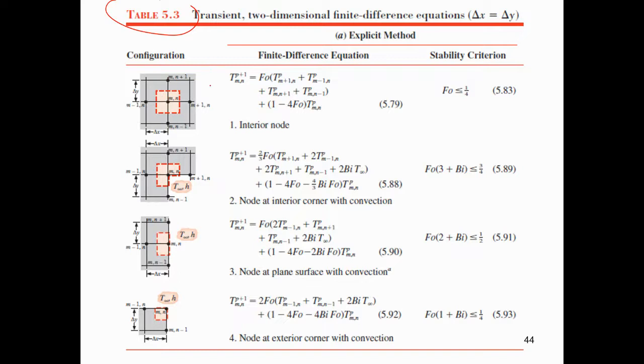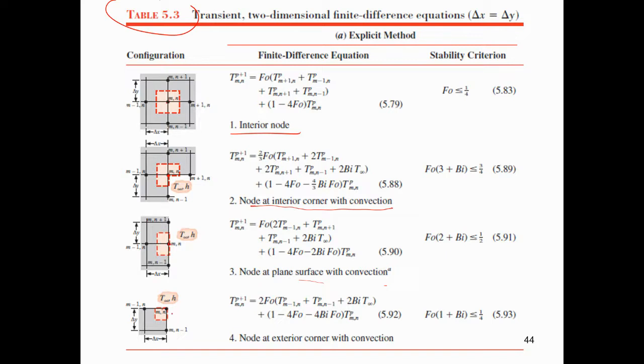So if you see the different cases here, interior nodes, this is the equation. Node at interior corner with convection, like here. Node at plane surface with convection, like here.